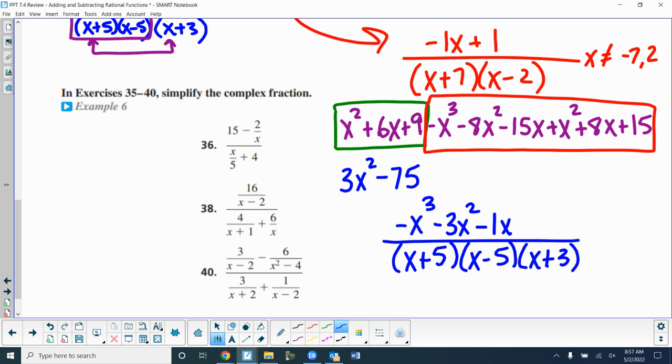Then what's 15 minus 75? Negative 60, right? Plus 9 would be negative 51. Let me see if I did it right. Negative x cubed minus 3x squared minus x minus 51. That's correct.